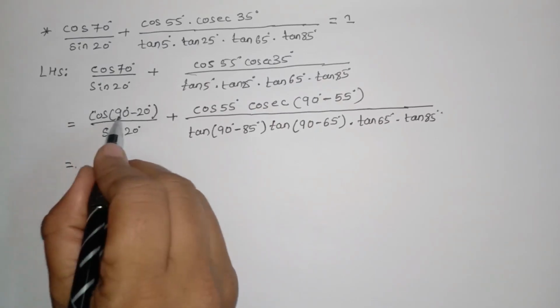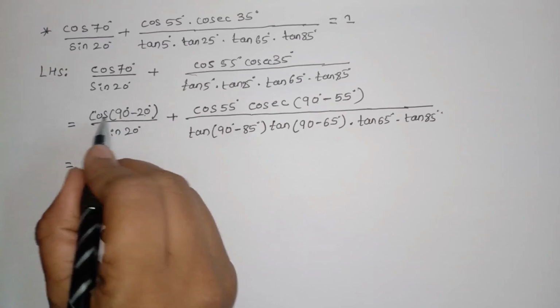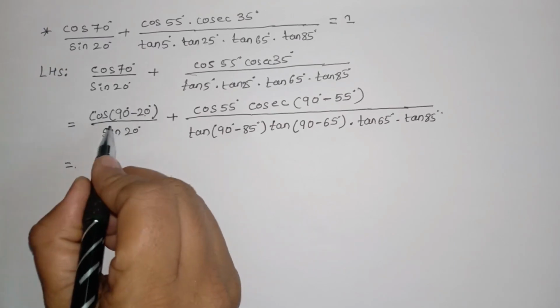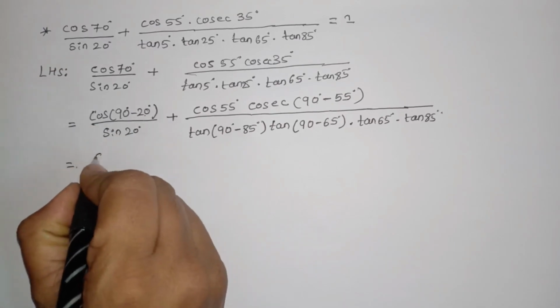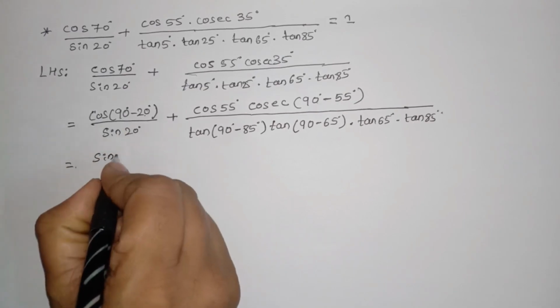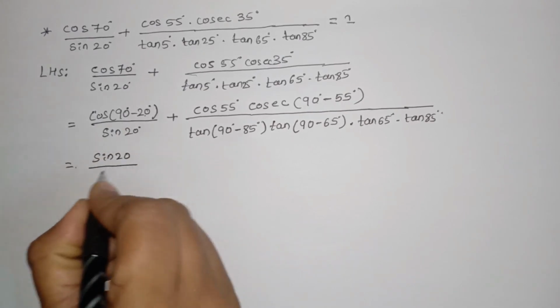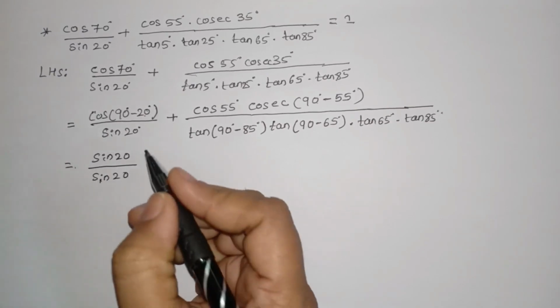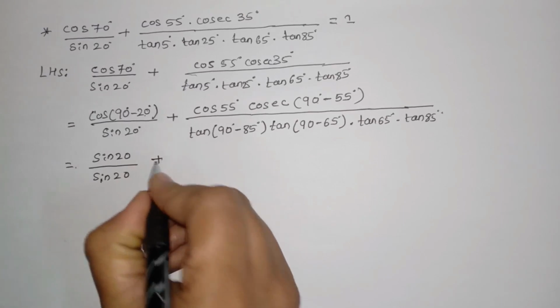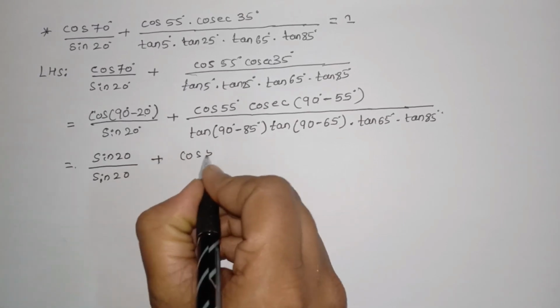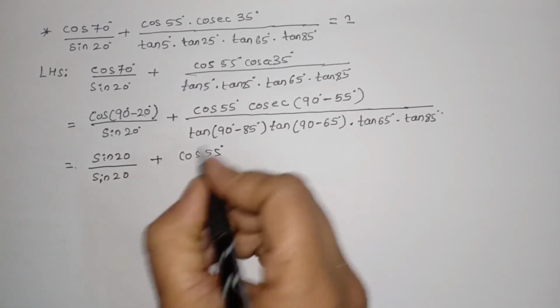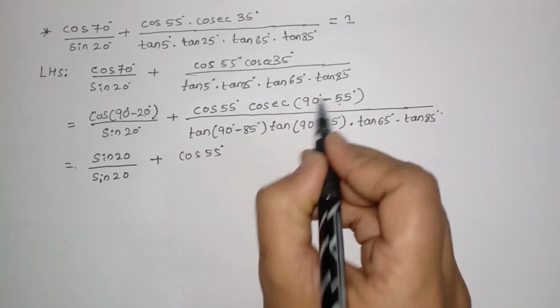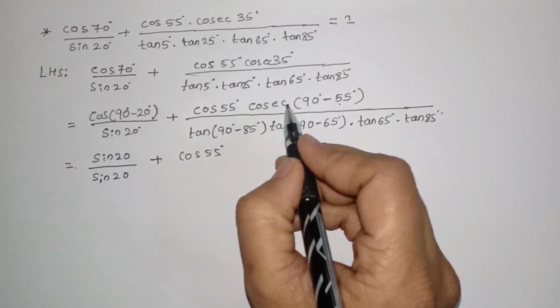So numerator cos 90 minus 20, that is cos 90 minus theta is sin theta. So it has become sin theta, where theta is 20 here. So sin 20 at the numerator divided by sin 20 same as at the denominator, plus cos 55 will remain as it is. Cosec 90 minus theta. So cosec complementary angle is sec.